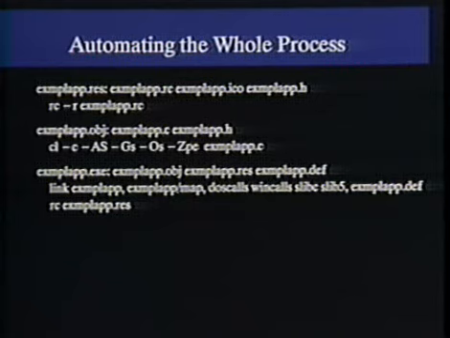If any of those have changed, then we will relink and run the RC compiler again to do the final merging of the resources with the exe file that is produced.